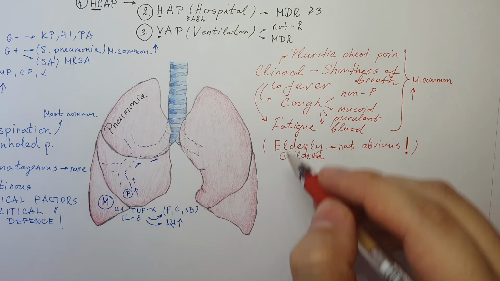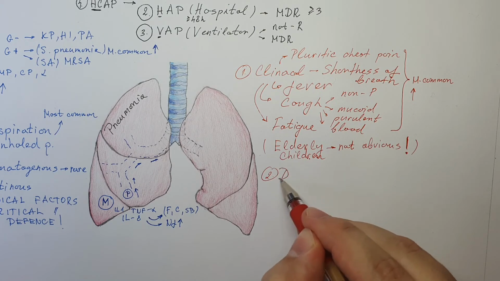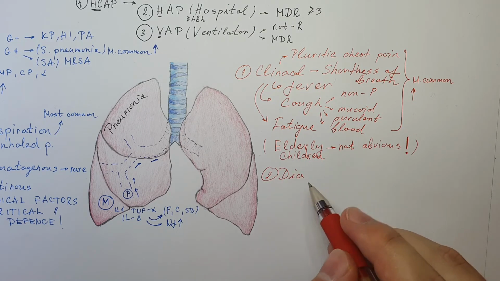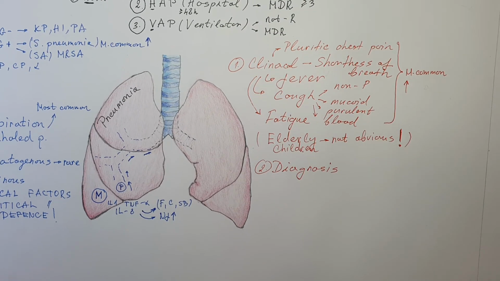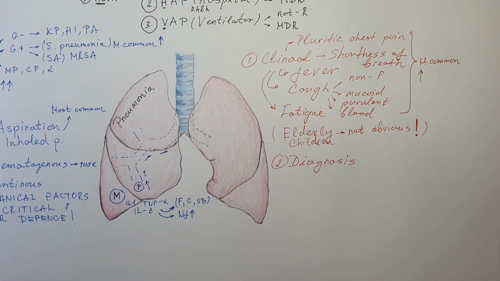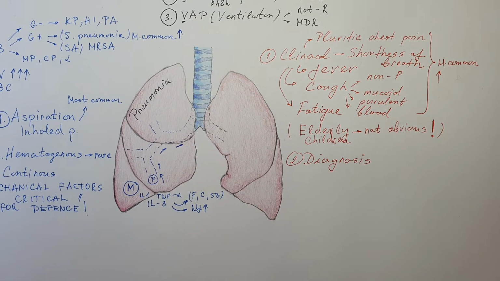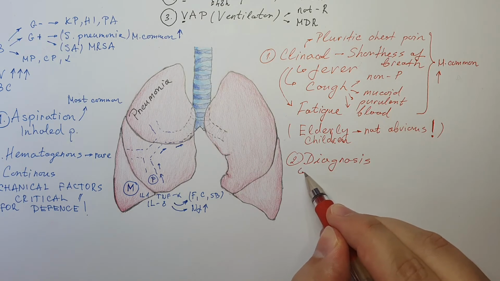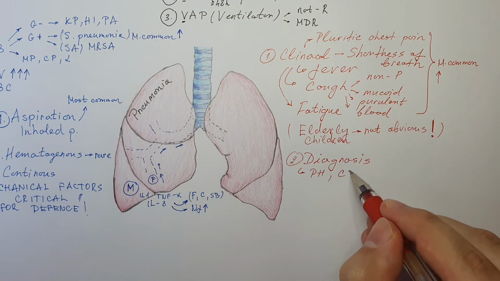Then the diagnosis, so clinical. How is the diagnosis made? If we're talking about a setting where the doctor has not so many resources, he's working in a simple little hospital, the main elements are taking a good patient history and doing a good clinical examination.